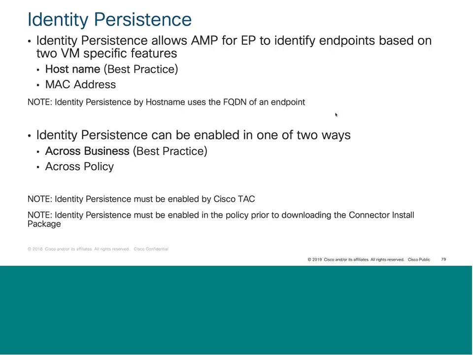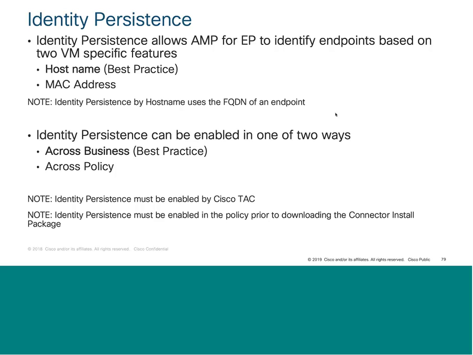Now you can also activate identity persistence in 2 other ways. One is how you turn the feature on and how it maps. The other is how we map that feature across our business. Are we only enabling it for specific computers in a specific policy, or are we enabling it for all of our computers across our entire business? Now, the recommendation here is to map across business.